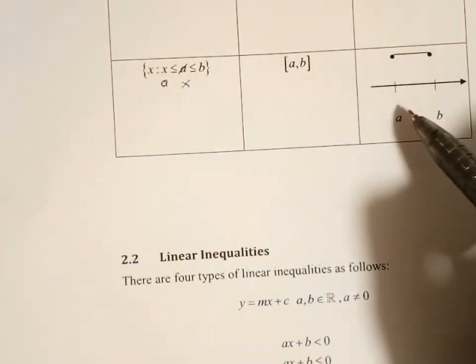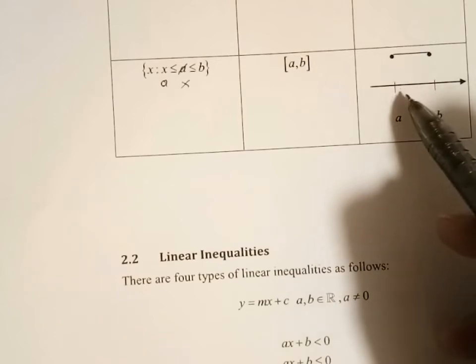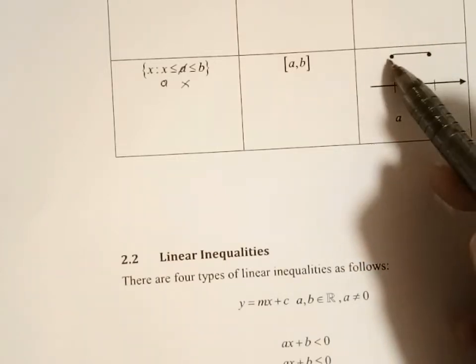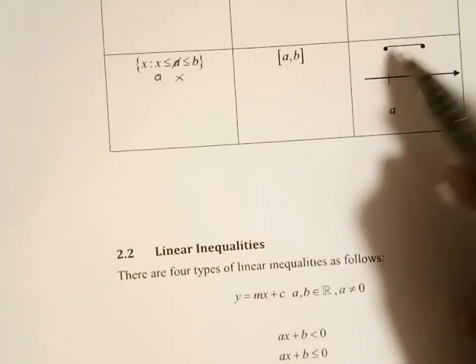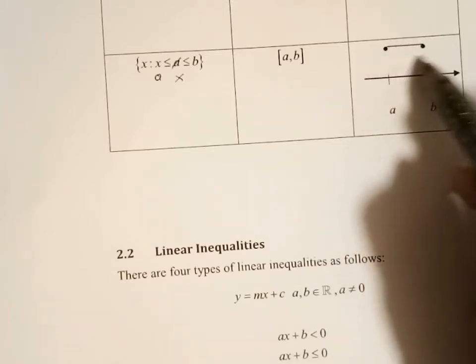On the graph notation, we have values from A to B, the line area is between A and B, and at the end points, the minimum and largest points, we have a full dot since A and B are included in the set.